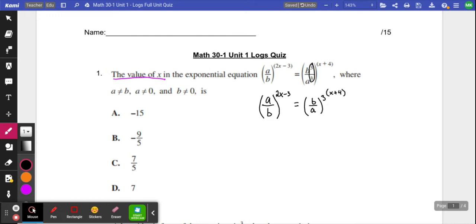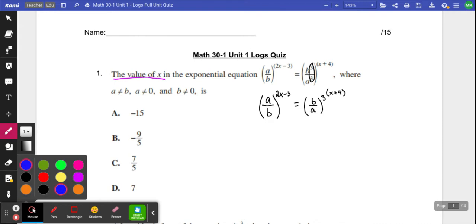And you can see my bases are now getting closer. The first one is a divided by b. The second one is b divided by a. So we need to flip this somehow. We need to take the bottom and move it to the top, and top move it to the bottom. The way that you move things in your power is by giving a negative exponent to it.